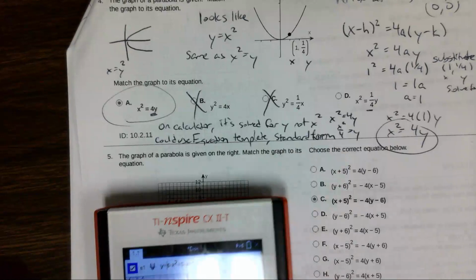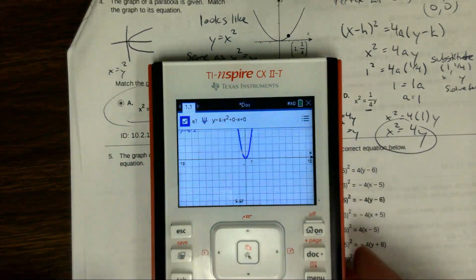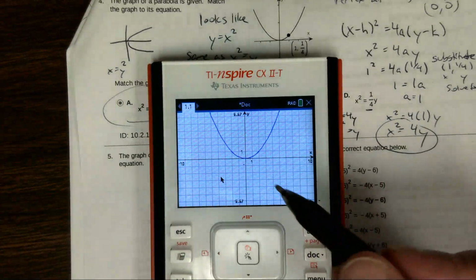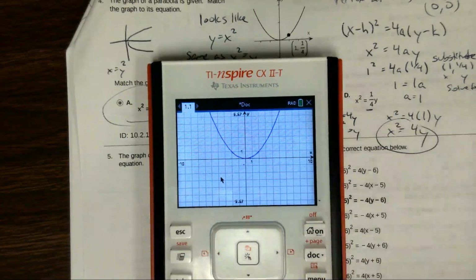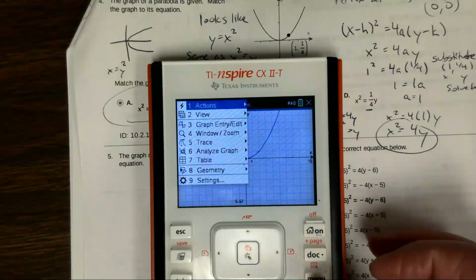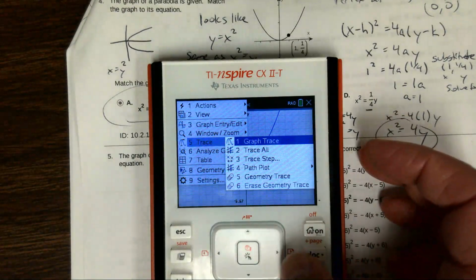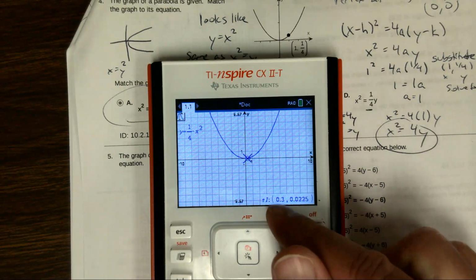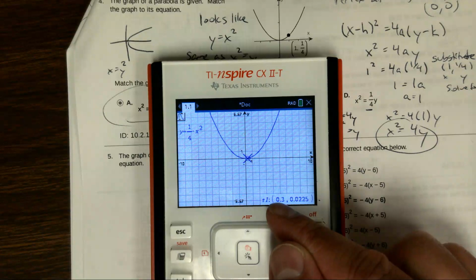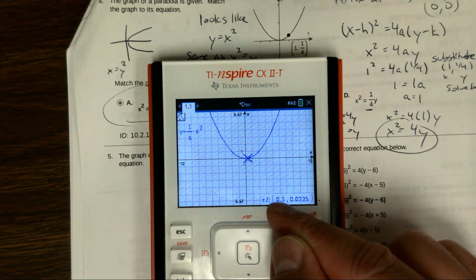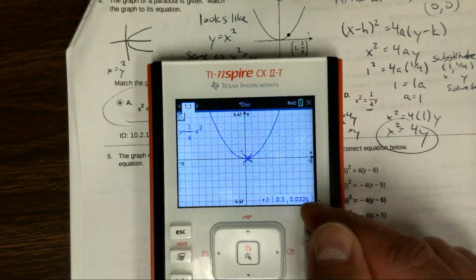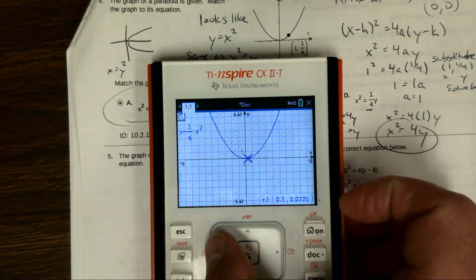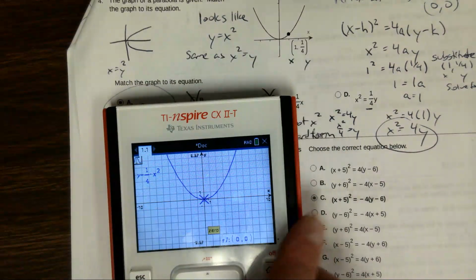Oh, it should be x squared over 4. So I would need a 1/4 x squared. And so then you can kind of guess. I don't like guessing, but you could do trace maybe and say what happened at 1. Well, 1/4 is kind of close to 0.3 because a fourth is 0.25. So that's better than the other one.